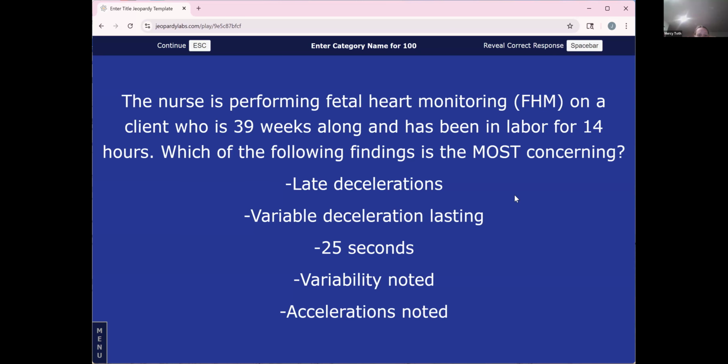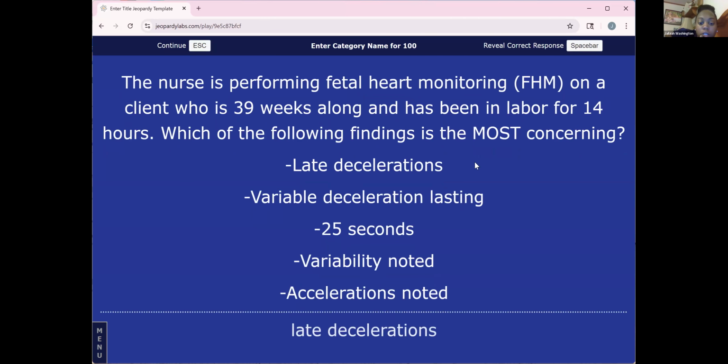Late decels. Good. Late decels are always a problem. I don't care how many hours she's been in labor. I don't care what's going on. What's your answer? Hit the space bar. Good. Late deceleration.